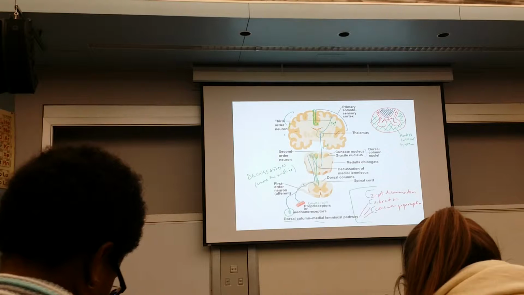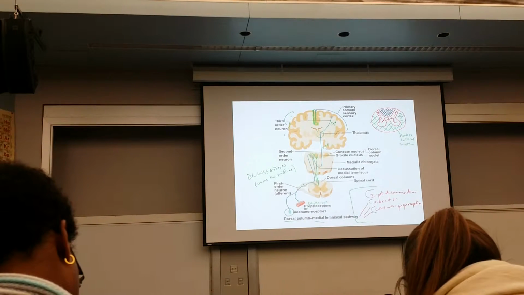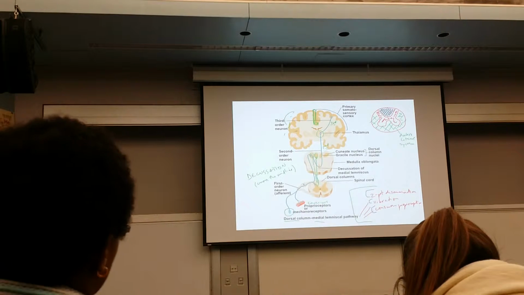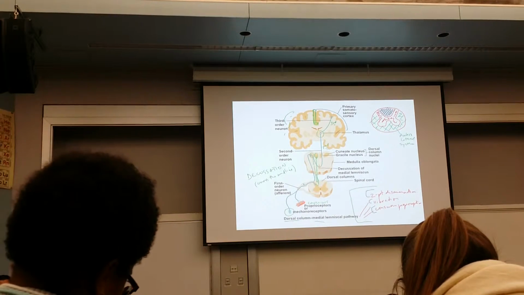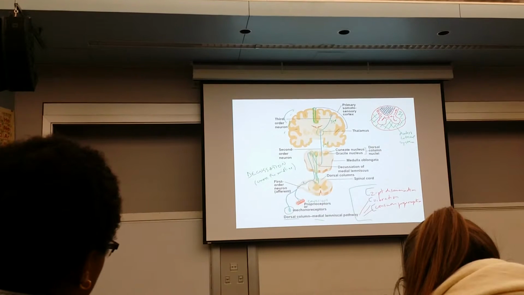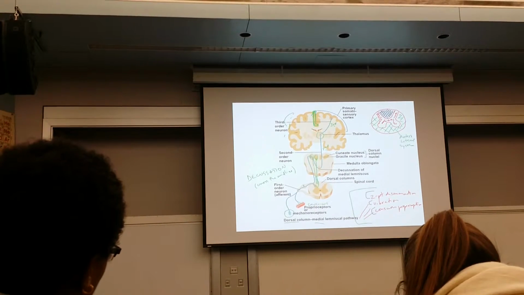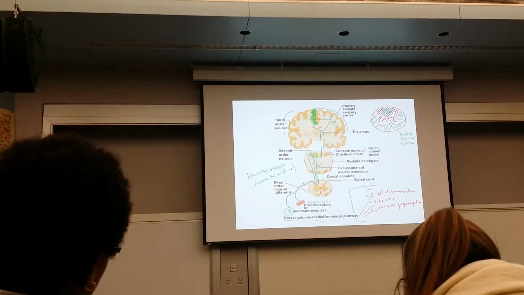So this is the dorsal column, medial lemniscal pathway. The information that they carry: 2-point discrimination, vibration, conscious proprioception. Okay? Yes? So let's say I have a stroke in this area where I'm painting, right? This is the middle cerebral artery.